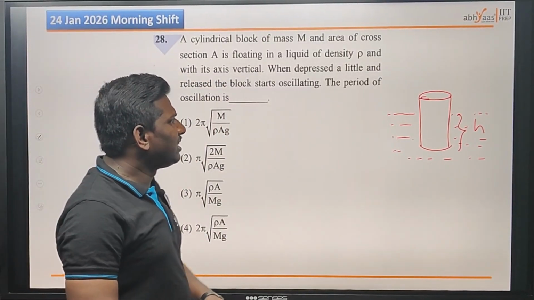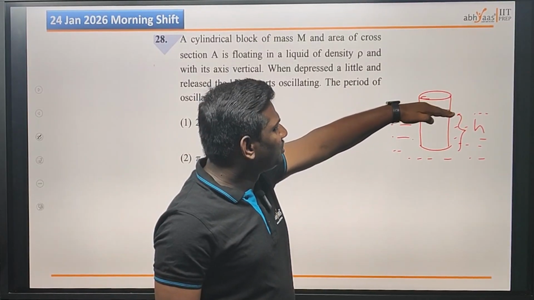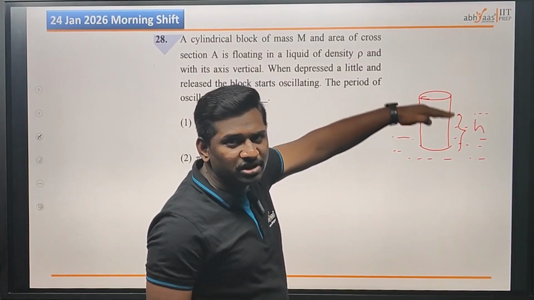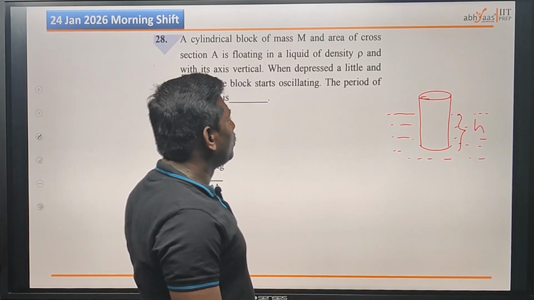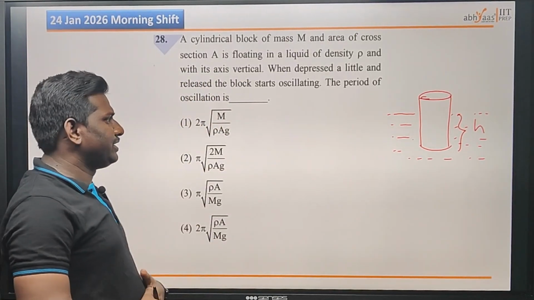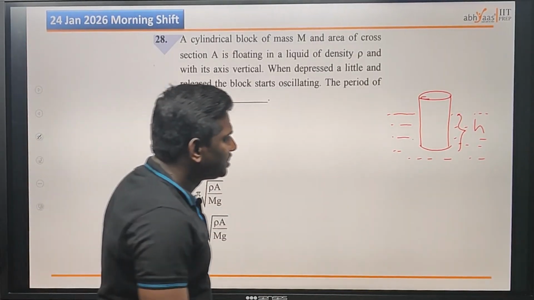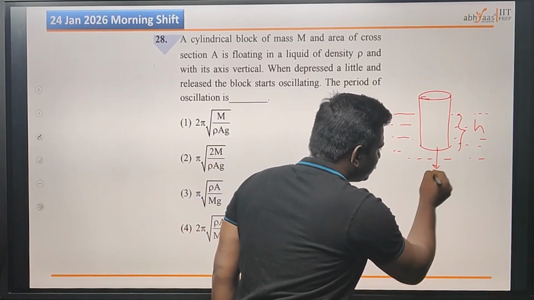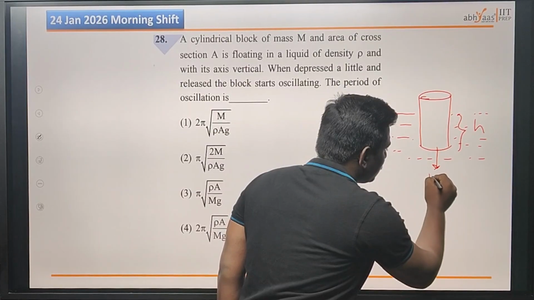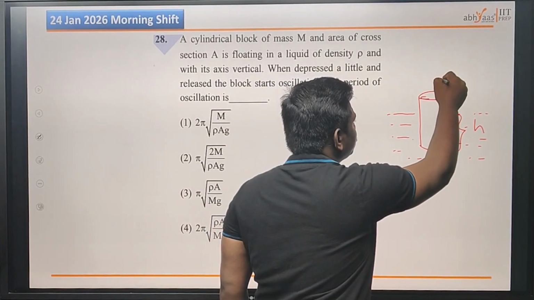What we are doing is pushing this cylindrical shape, so it makes some oscillations. For that oscillation, you have to find the time period. How to find this? At equilibrium, downward is always the gravitational force mg, and upward is the buoyancy force.